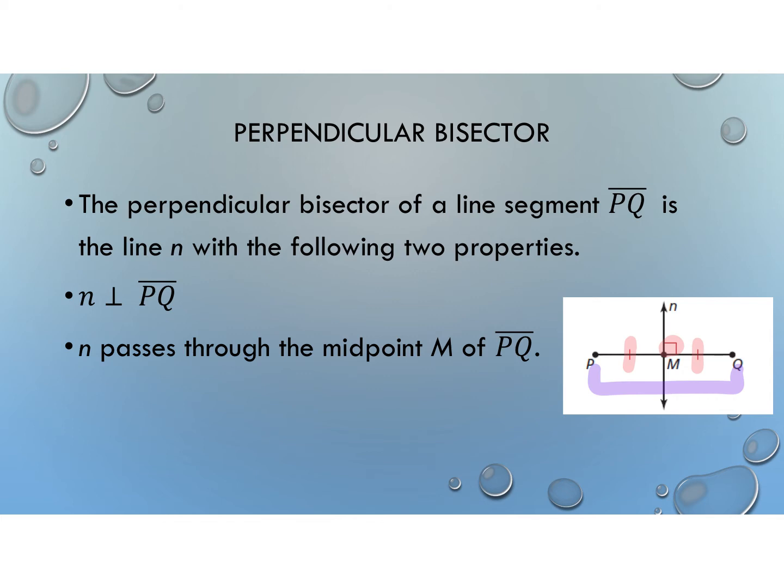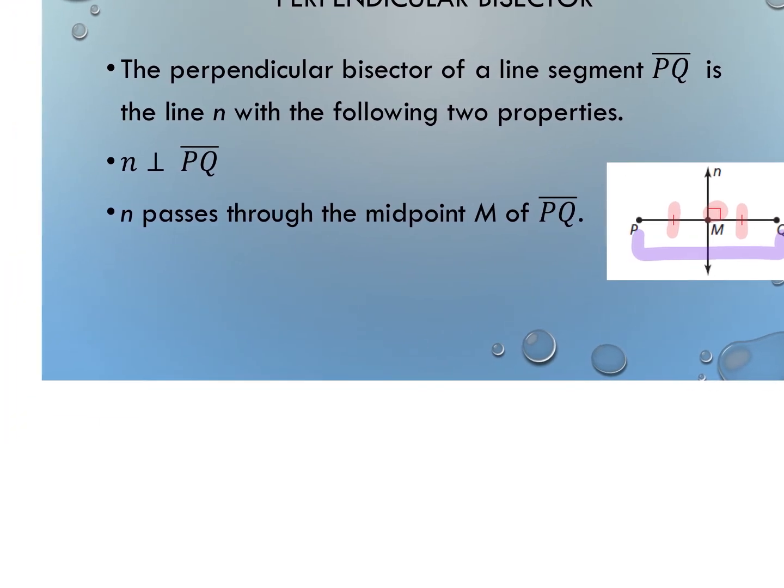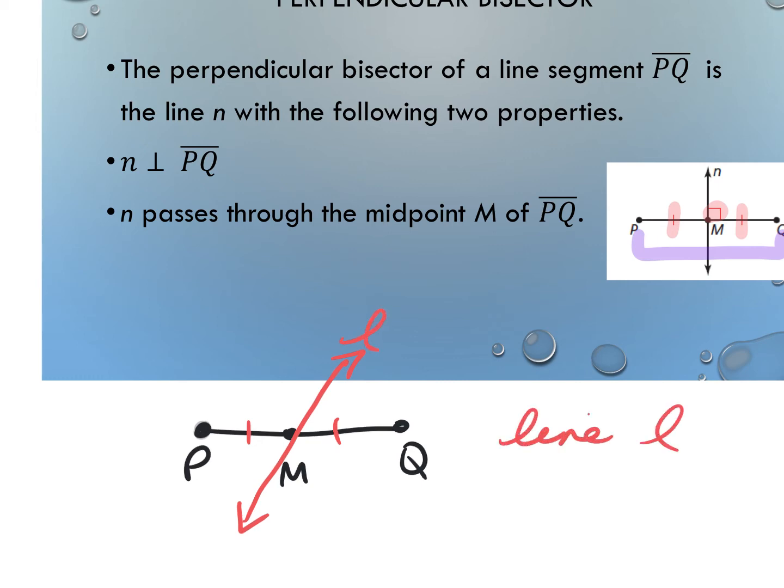Now, we could have had just a plain old bisector. Let's say I had PQ here, and we could have M here, and I could have a line that comes through here. Without the right angle, the only thing I can say is that line L is a bisector.